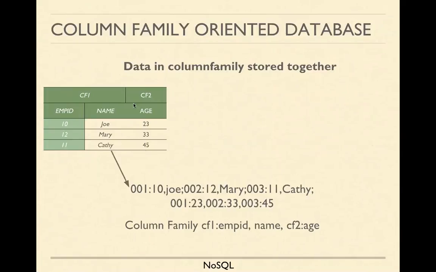So in case of a column family, there's only one column, and whether you store it row wise or column wise, it's always a column. So 23, 33, 45. This is how it's going to go into the disk.